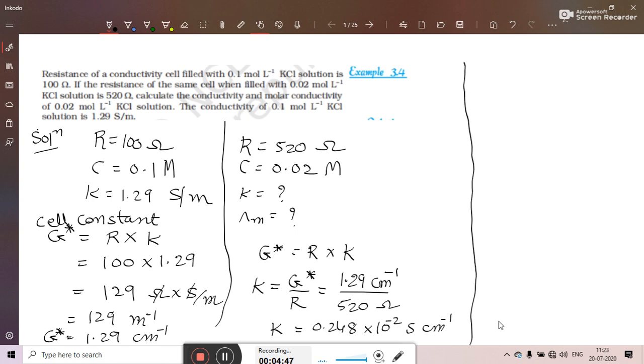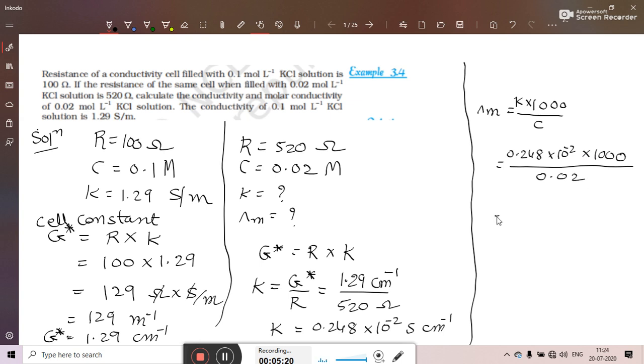Now what else we have to find out? Lambda m. What is the equation of lambda m? Lambda m equal to K into 1000 upon C. Now K we have found, 0.248 into 10 raised to minus 2, into 1000, and in the denominator C is 0.02.